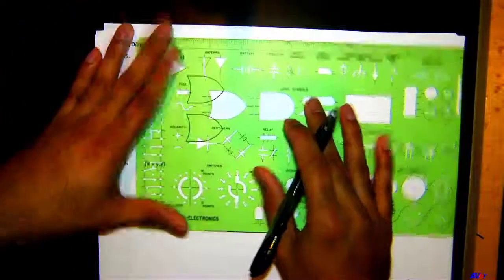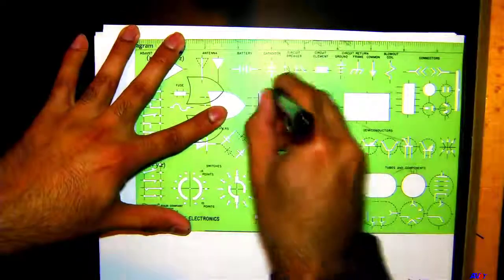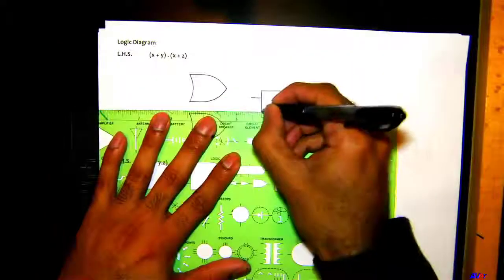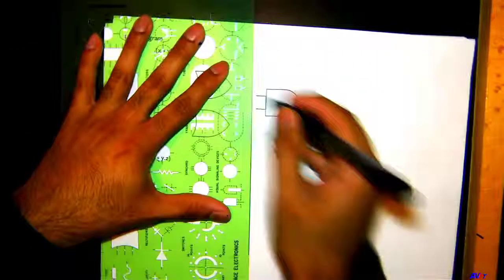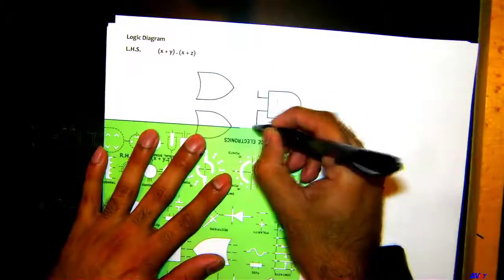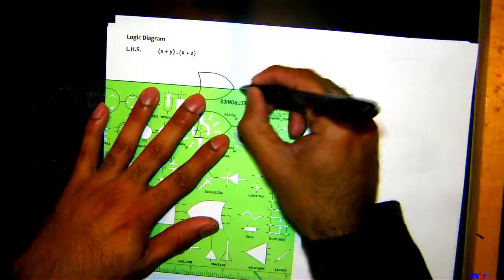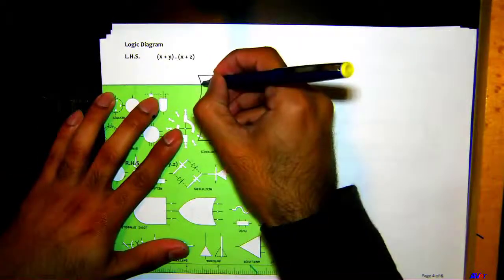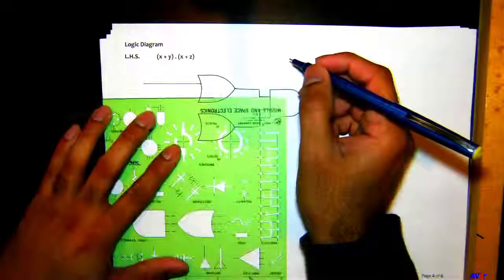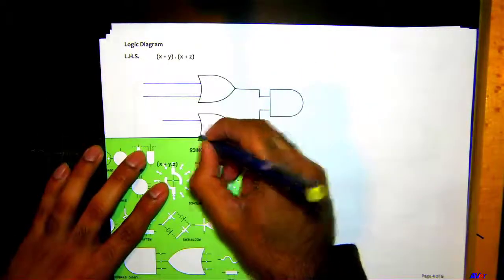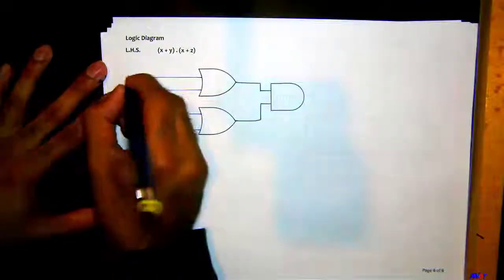Now we need 1 AND gate. Okay, so this is going to be my X right here.